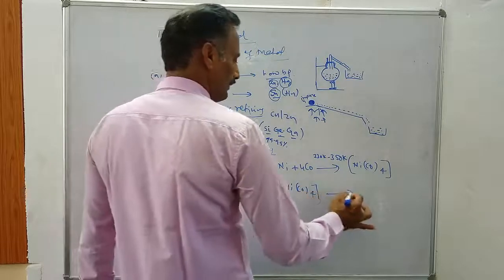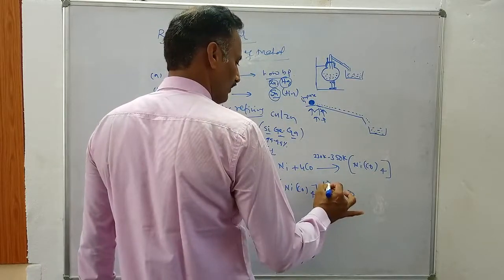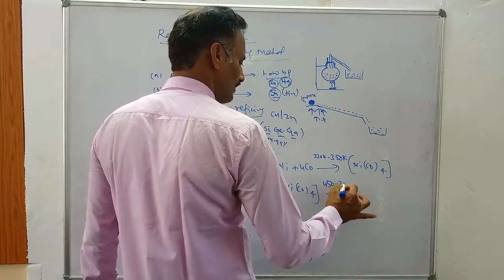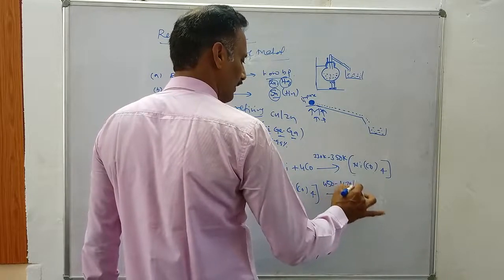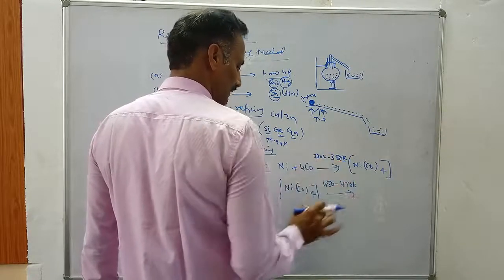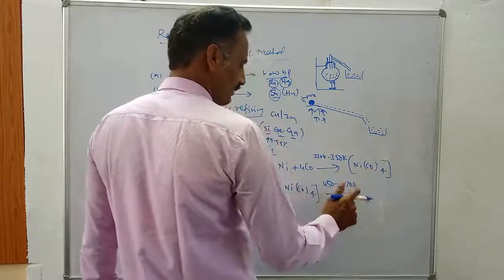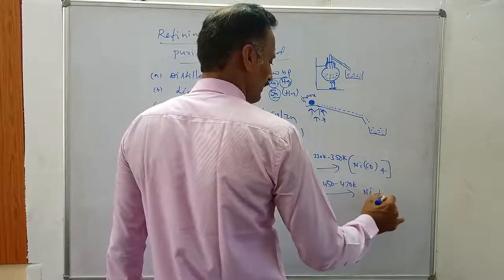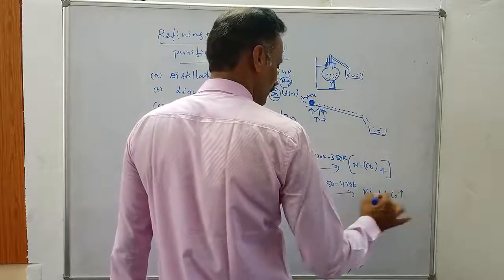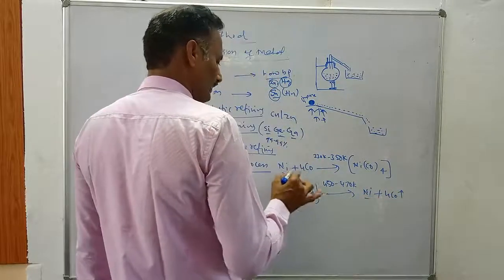On heating at high temperature, about 450 to 470 Kelvin, this compound decomposes to give pure nickel, and carbon monoxide is removed. The impurities are removed by this technique.